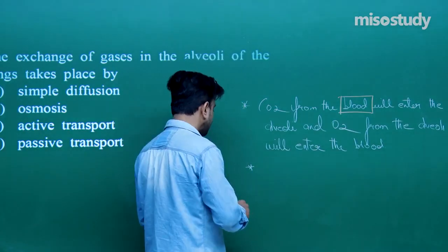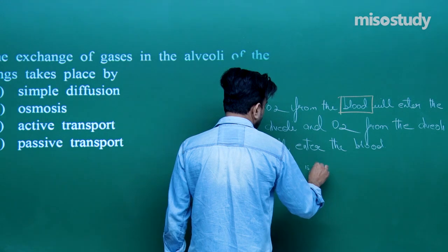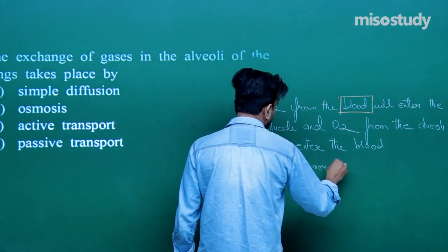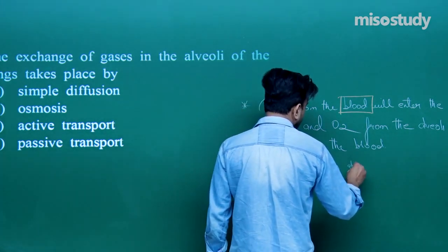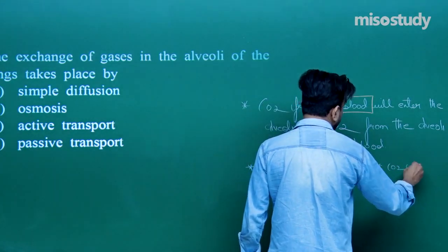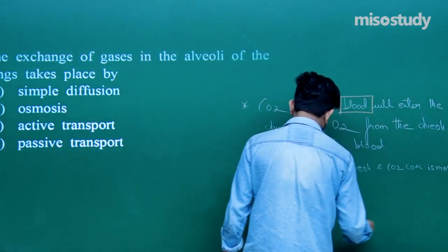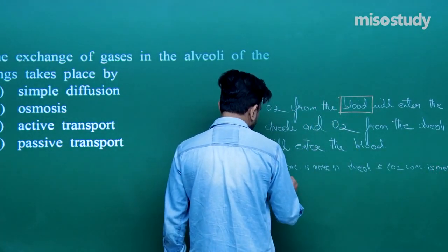So, oxygen concentration is more in alveoli and carbon dioxide concentration is more in blood.